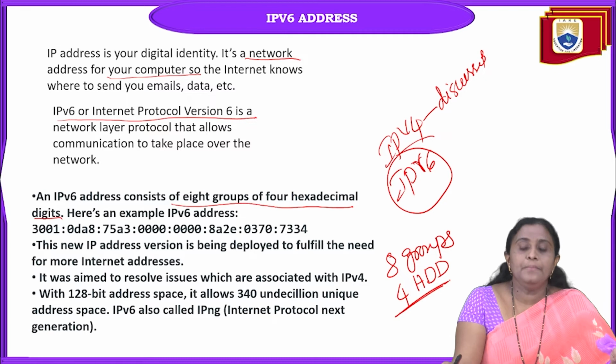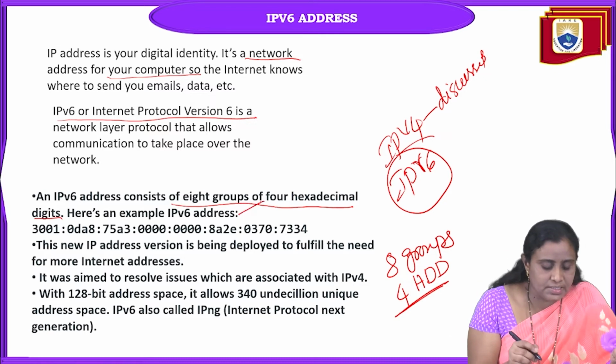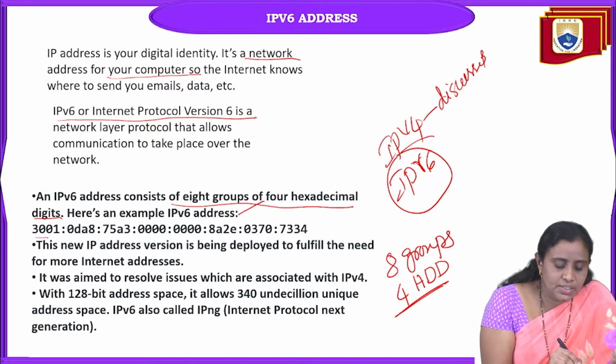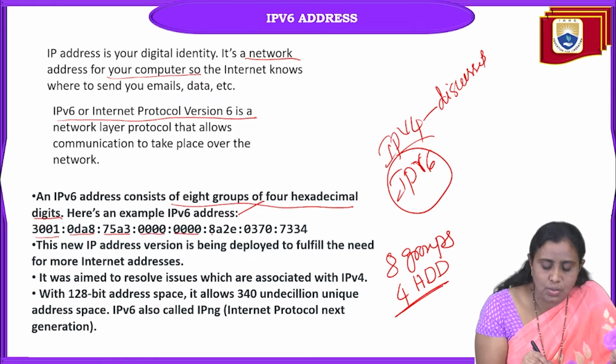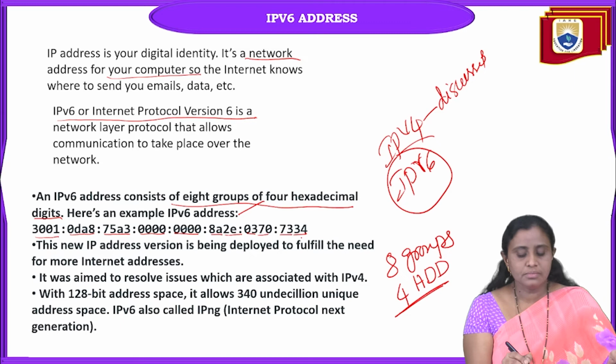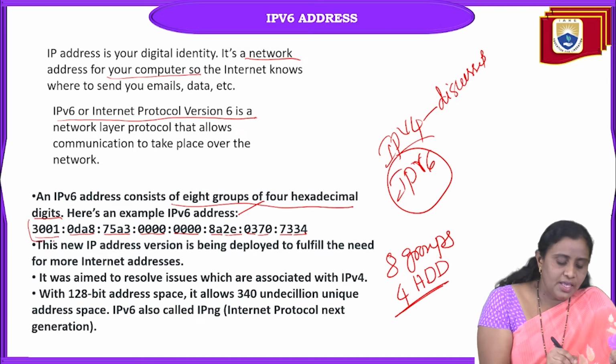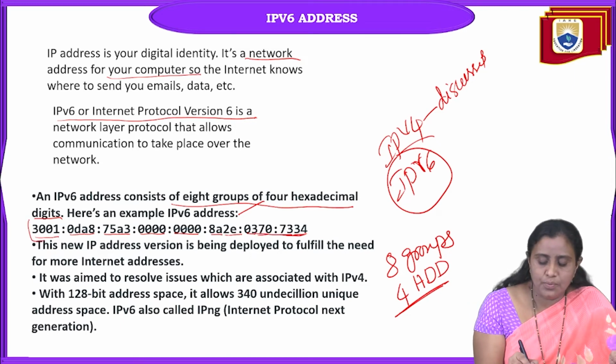Here is an example of an IPv6 address: 3001:0DA8:75A3:0000:0000:8A2E:0370:7334.